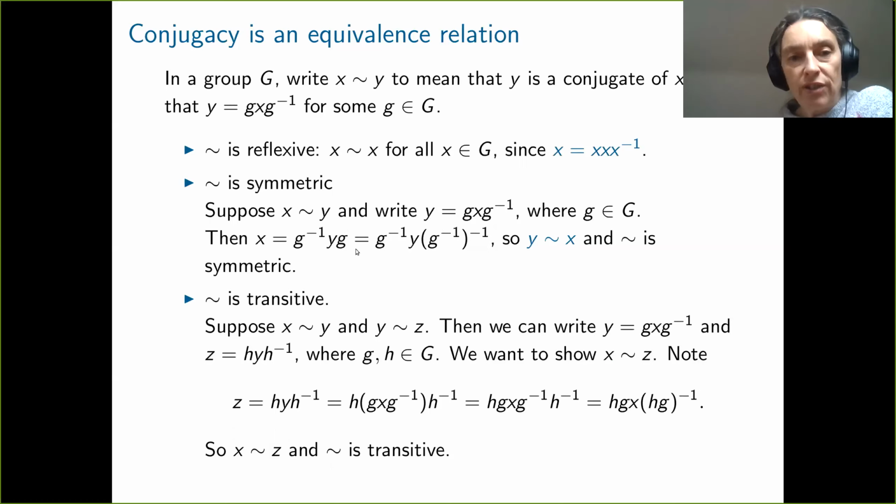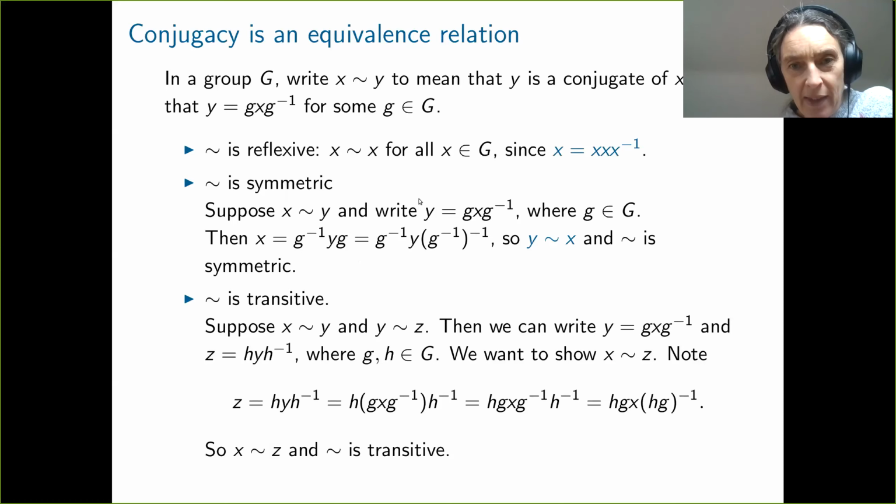So let's rearrange it to extract the x part and leave it isolated on one side. If y is equal to gx g inverse, then by composing both sides of this equation on the left with the inverse of g to cancel the g from this side, and on the right with g itself to cancel the g inverse from this side, what we find is that x is equal to g inverse yg.